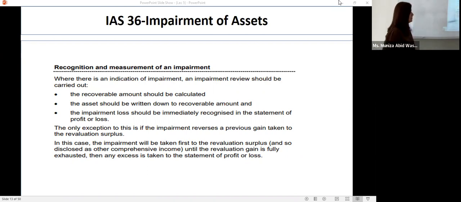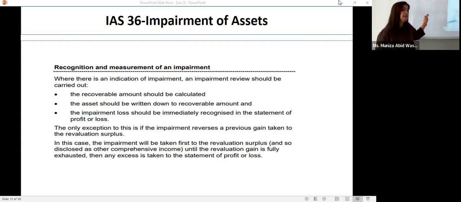The only exception to this is if the impairment reverses a previous gain taken to the revaluation surplus. Now, this is the point about which I was talking earlier. Here it is repeated. Where you are going to recognize the impairment loss in statement of other comprehensive income. The only exception to this is when the impairment reverses a previous gain taken to the revaluation surplus.